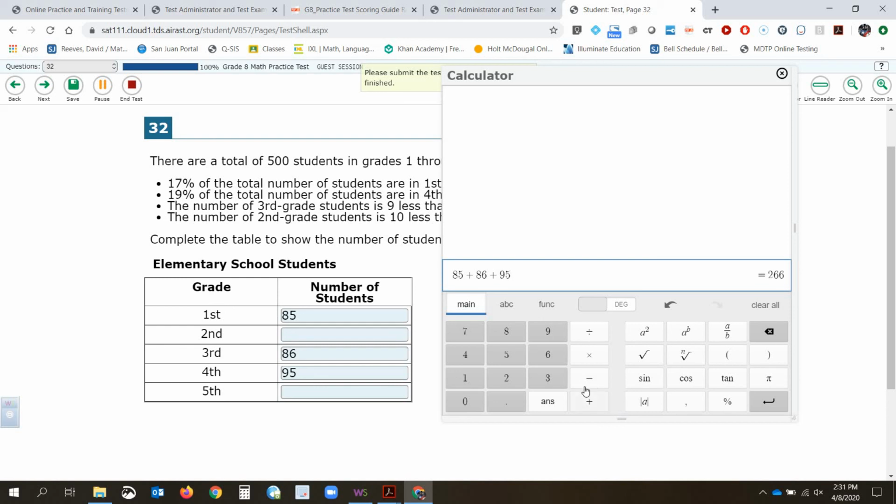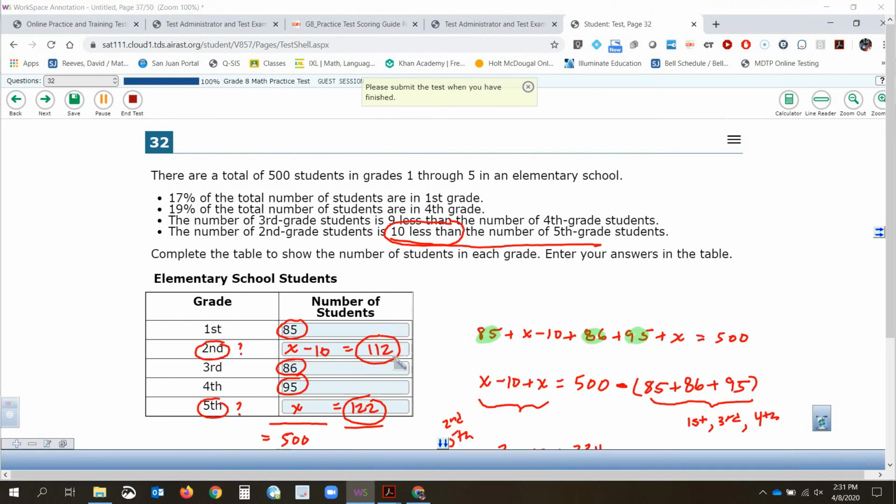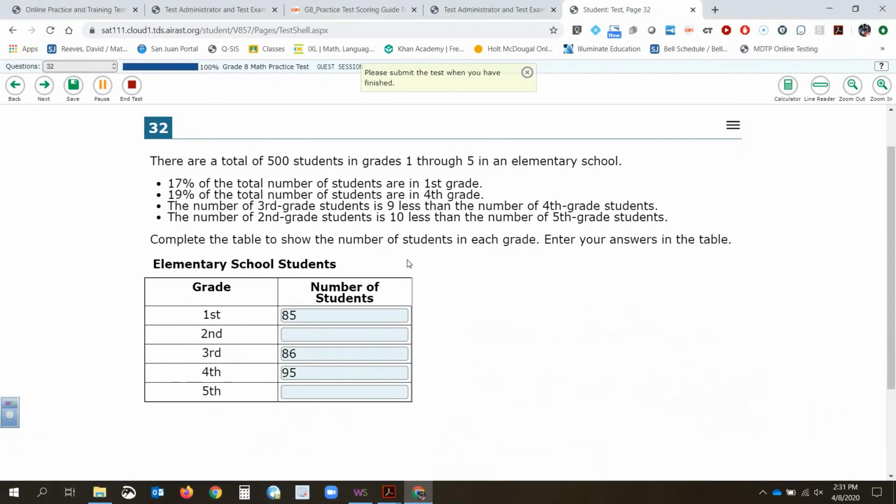And when we add those together, if we then add the 234 that we know were in the other two combined, we get 500. All right, guys, so second grade, what did we say that second grade was? Second grade was 112, and fifth grade was 122. So we're going to fill this in with 112, and this one is 122.